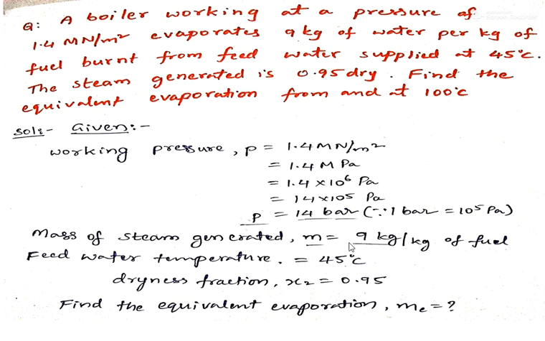So the mass of steam generated is 9 kg per kg of fuel, and the feed water temperature is given as 45 degrees centigrade. The steam generated is 0.95 dry, meaning the dryness fraction of the steam at the exit condition, which we take as 2. So x2 is 0.95, and we have to find the equivalent evaporation, which we indicate with me. Let us find that me here.